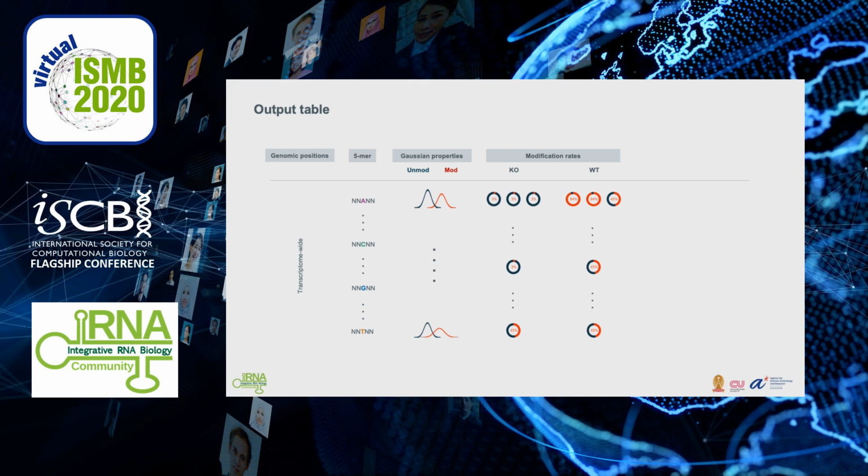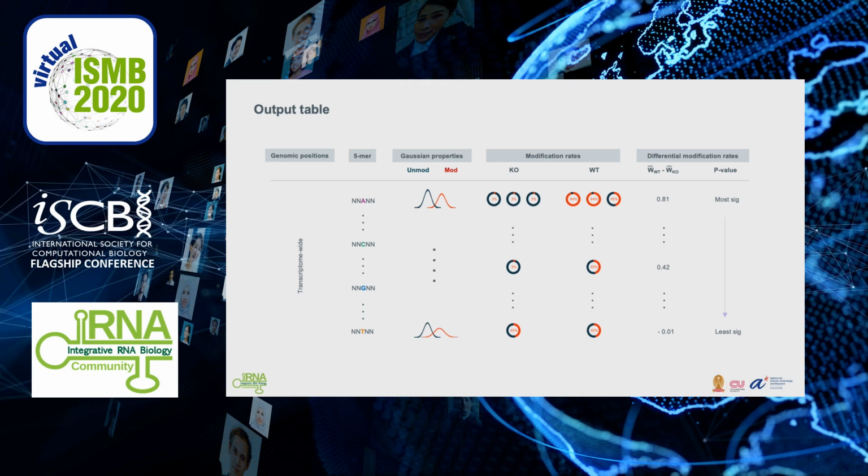If there are 3 replicates, it will show all of them here. The final 2 columns are the differential modification rates, both effect size, which is the mean difference between conditions, and the significance level that we can use to rank the modified sites.